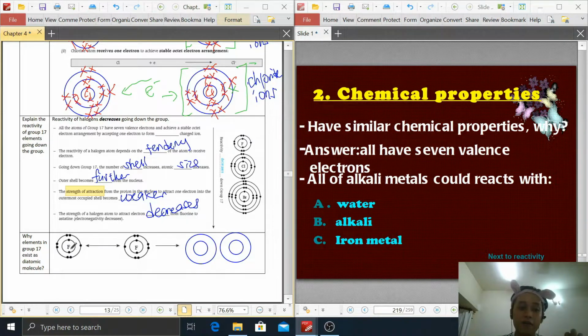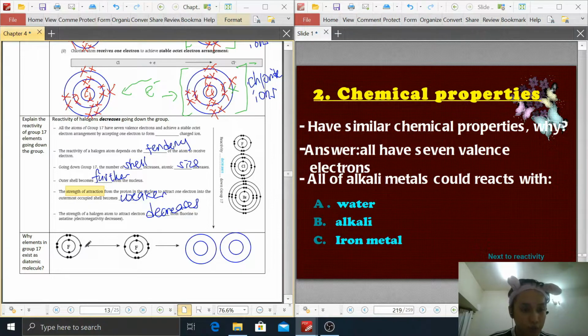For fluorine, chlorine, bromine, and iodine, we know that they need one more electron to achieve octet stability. So two atoms are going to share their electrons. They cannot donate, because if they donate they don't have enough to achieve octet. So the only way they can achieve octet is by sharing their electrons.